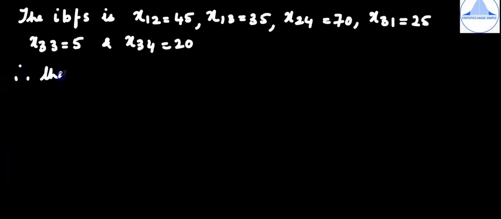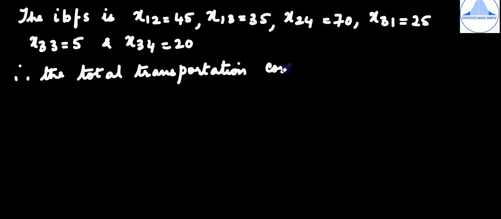Therefore the total transportation cost, denoted by Z, is equal to the allocation into the corresponding cost.